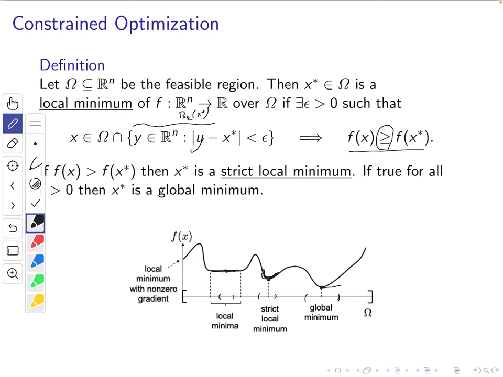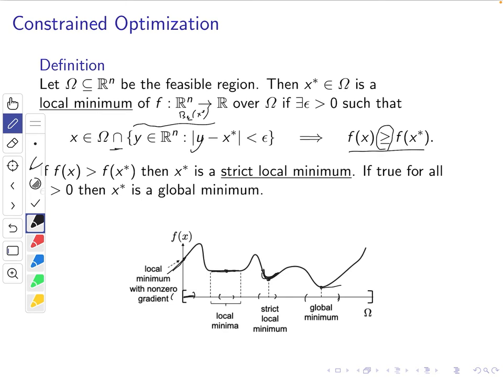One element that's different in constrained optimization than unconstrained is that a point like this may also be a local minimum, even if f, let's say, continues down like this. Because we're constrained to omega, when we take an epsilon ball and intersect it with omega, we're just looking at these points.